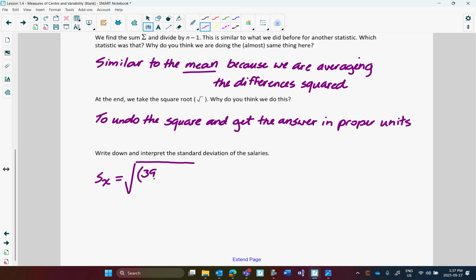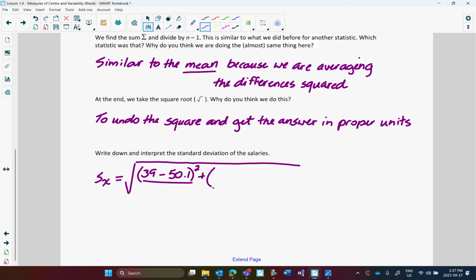The order doesn't matter. If we go from the original list on the first page, the first data value was 39. Remember the mean we found on the first page was 50.1, squared. So that's one data value.